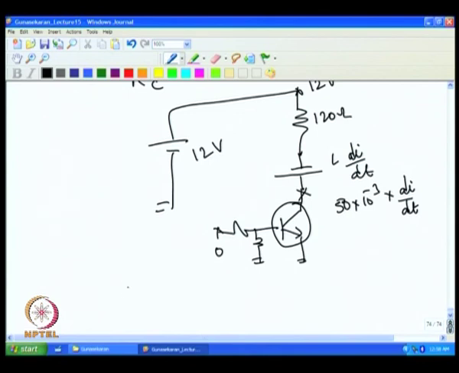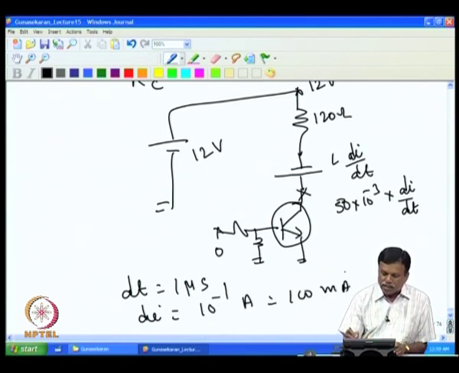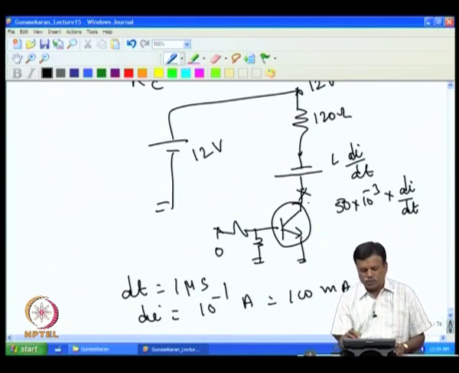If the switching off time dt is 1 microsecond, then the change in current is 10 power minus 1 amps, which is 100 milliamps, because the relay current is 100 milliampere. We are trying to switch off 100 milliampere current in 1 microsecond.